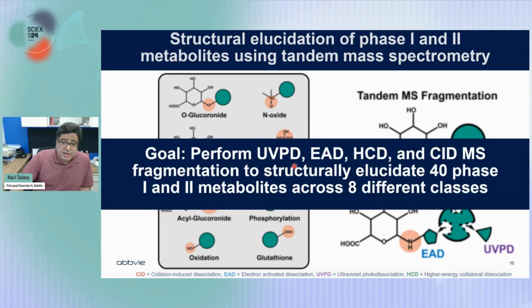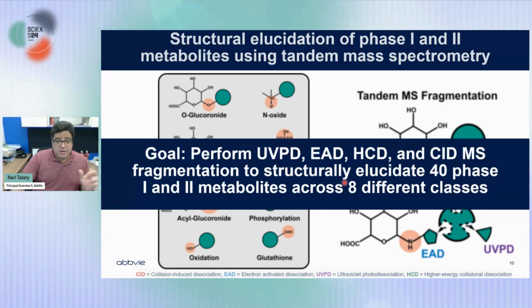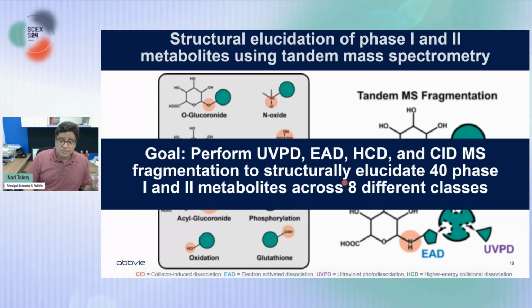Perform UVPD, EAD, HCD, and CID MS fragmentation to structurally elucidate 40 phase 1 and phase 2 metabolites across 8 different classes. That's what our task was for a summer intern this past couple of months. She just got done like 20 days back.